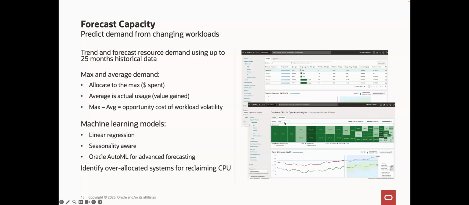If you have an Exadata system, you can do it by VM cluster. You can look at it by host. If you're dealing with multitenant databases, you can look at it by CDBs and PDBs within the CDB. You can break it down by that, and similarly do the forecasting using our proven built-in forecasting models.